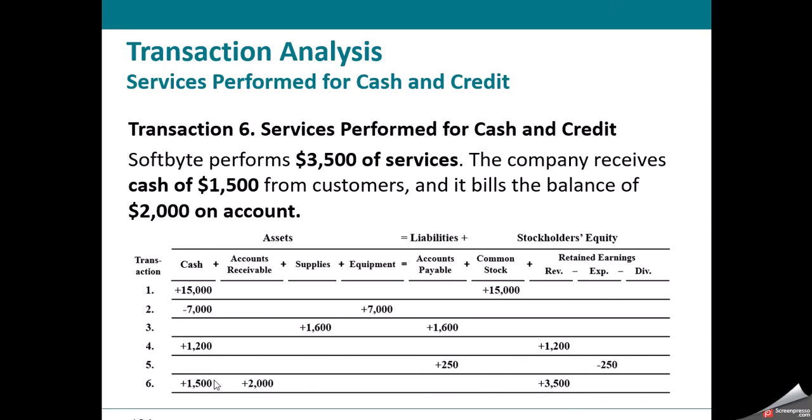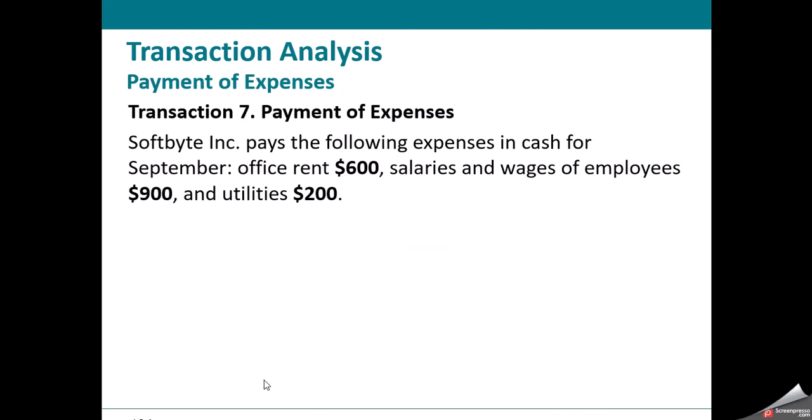We've received cash for some, so our cash goes up. But now we create this accounts receivable. Accounts receivable is an asset because it's money that will come into us in the future. Possibly we give them 30 days to pay, so maybe next month we will collect on that accounts receivable, and it will turn into cash and reduce that when we eventually collect.